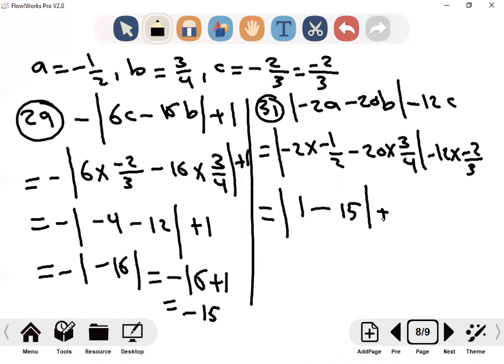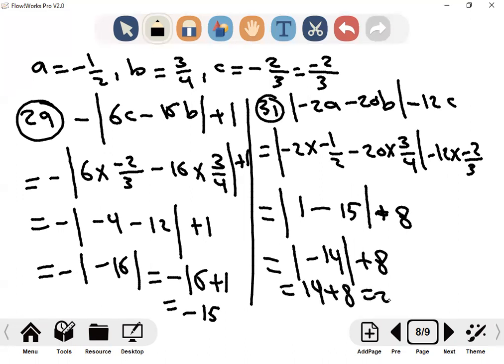Minus 12 by 2, 24, divided by 3, 8. Plus 8. Now, absolute value of 1 minus 15 is minus 14, all plus 8. Here 14 plus 8, 22. Done?